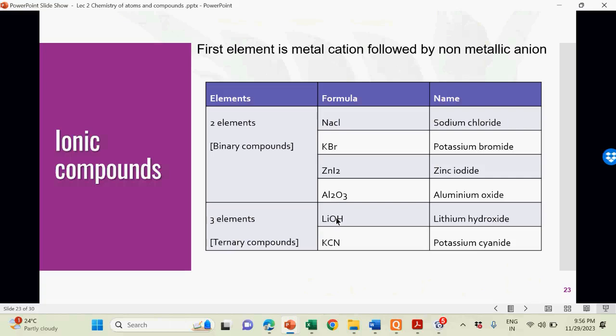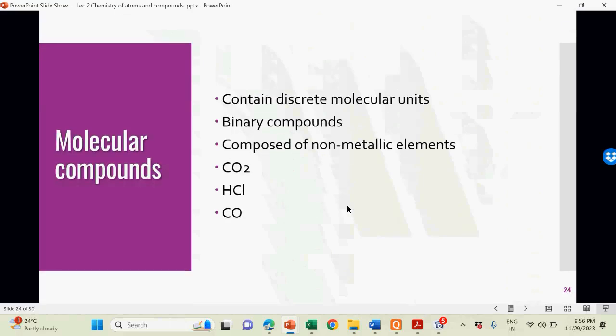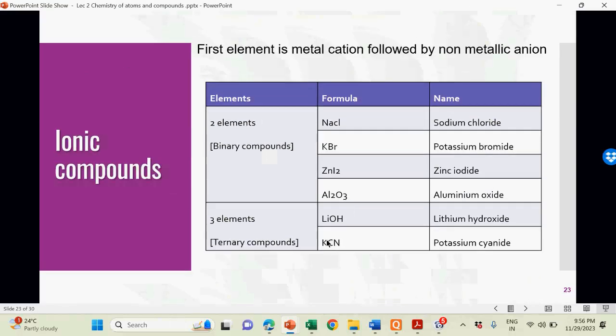In this case, the hydrogen and oxygen form the hydroxide ion together, and the carbon and nitrogen form the cyanide ion. The lithium represents the positive ion, while the hydroxide, both together a polyatomic anion, has the negative charge. So the attraction between these two gives us lithium hydroxide.